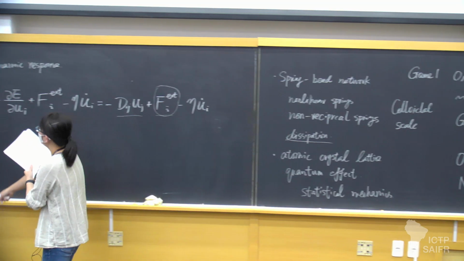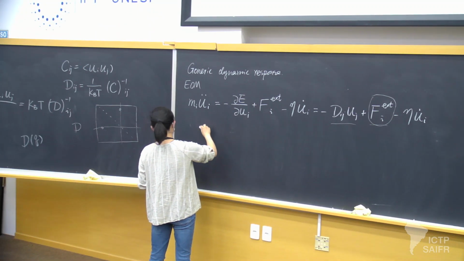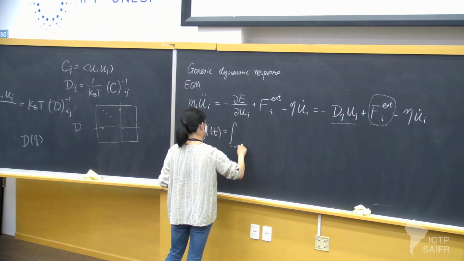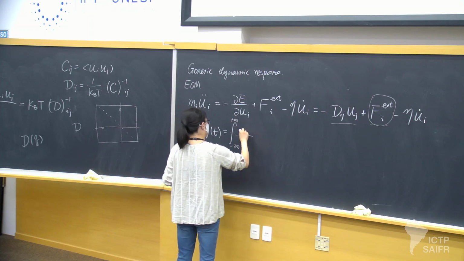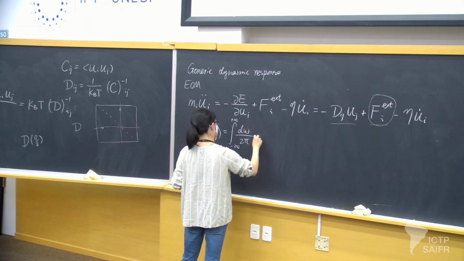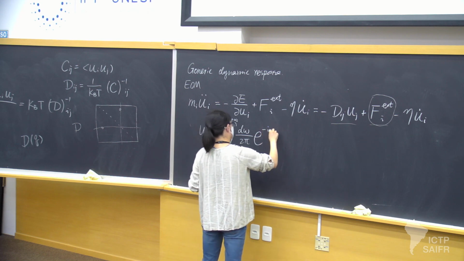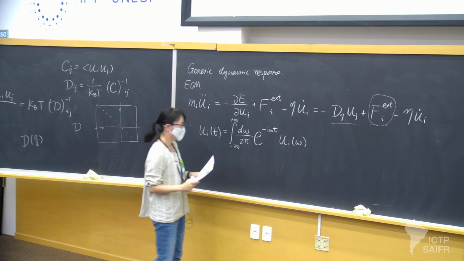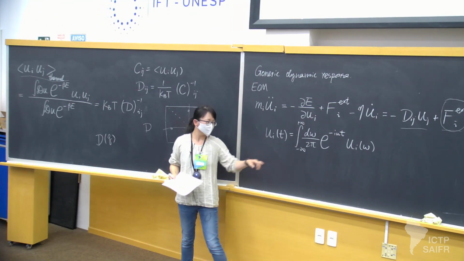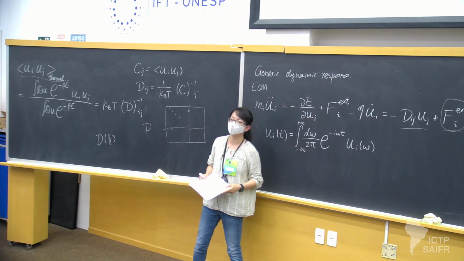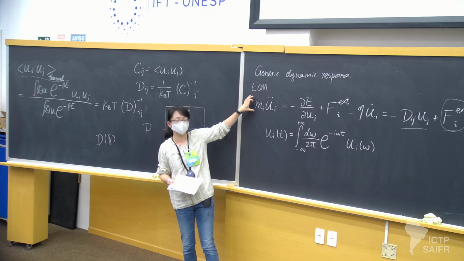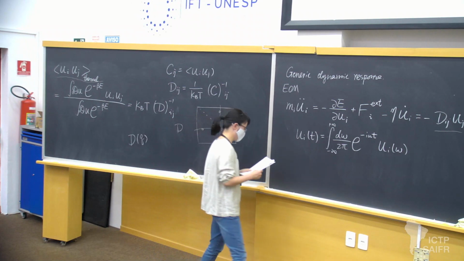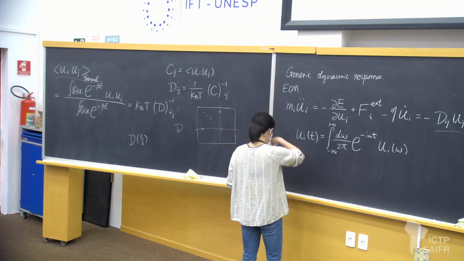So you decompose into Fourier modes. And because different frequency components are orthogonal to one another, I can just turn this equation into an algebraic equation in frequency space.